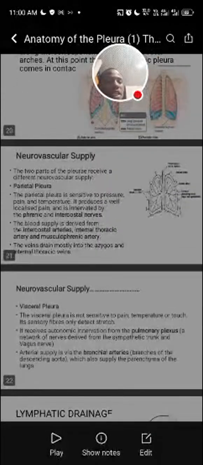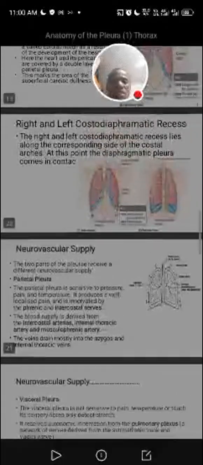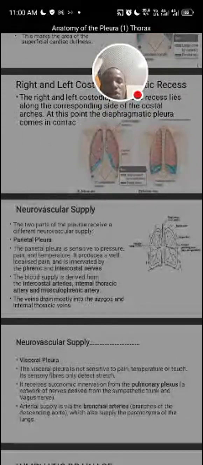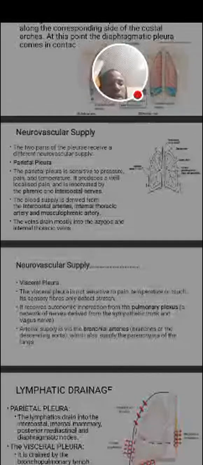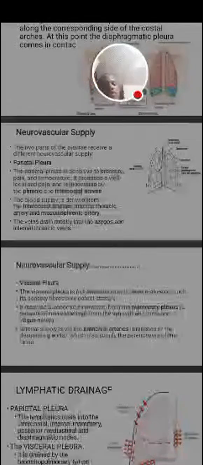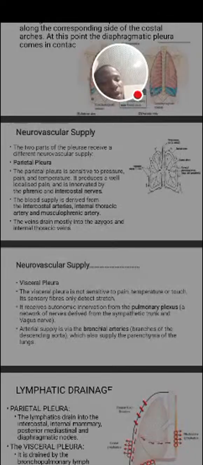Just like it's supplied by the intercostal artery, it drains into the intercostal vein. Okay, that's for the parietal. For the parietal, you have the intercostal vein. We also have what?